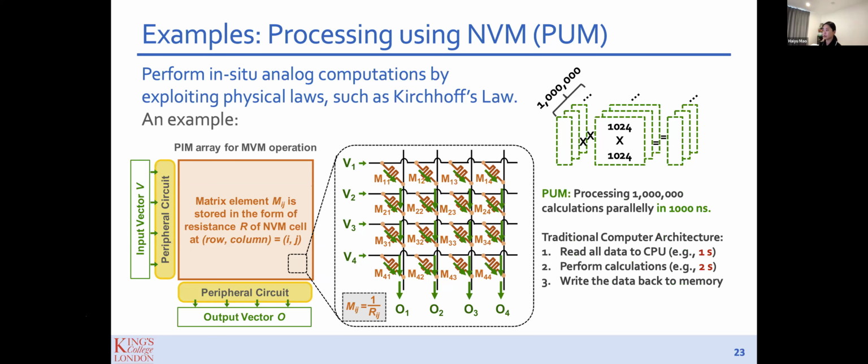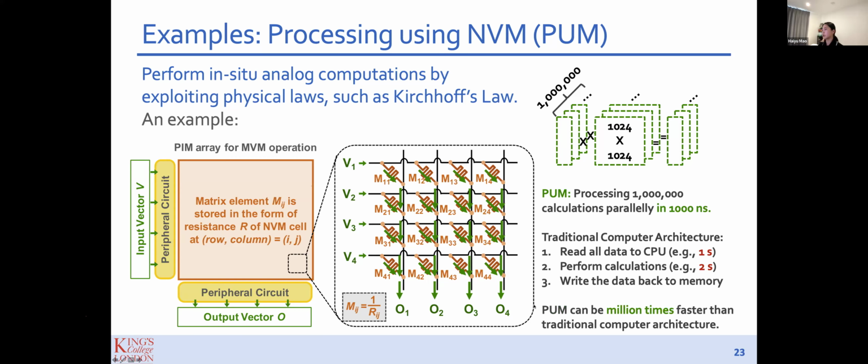However, in the traditional computer architecture, we need to first read all of this data to the CPU, for example taking 1 second, then perform the calculations, taking 2 seconds, and then write the data back to the memory. So processing using memory can be 1 million times faster than traditional computer architecture, focusing on a very simple operation. But I will talk about the limitations later.